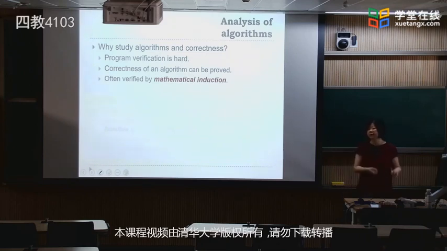However, based on the definition, algorithms are well-defined procedures for solving a math problem. So we actually can verify the correctness of an algorithm formally. So the correctness of an algorithm can be proved, and often proved by mathematical induction. So we're going to see some examples in this course of how to verify the correctness of your algorithm formally. Okay?